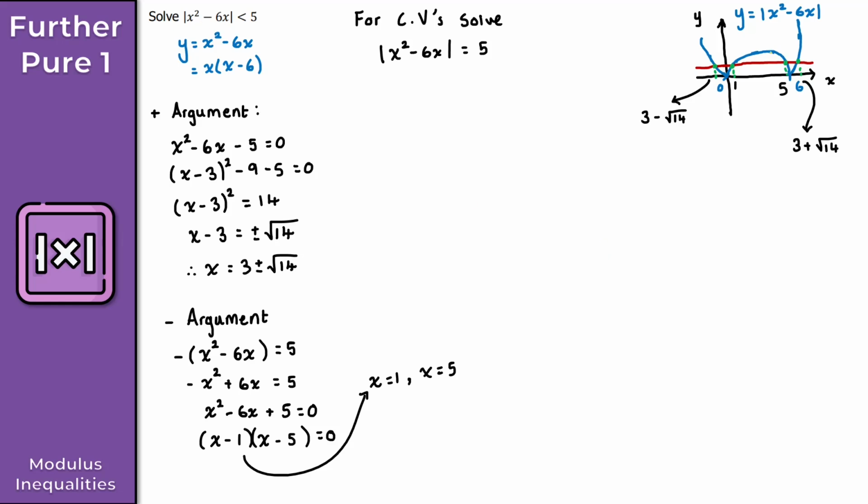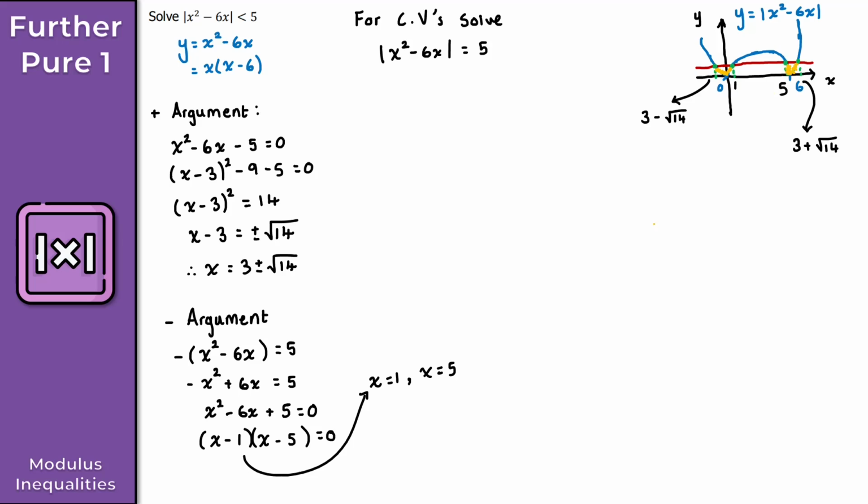That's this blue graph below this straight line. Well, clearly what I can see is that this is between this solution, 3 minus the square root of 14, and 1, as we can see here. And it's also the same for this point here.